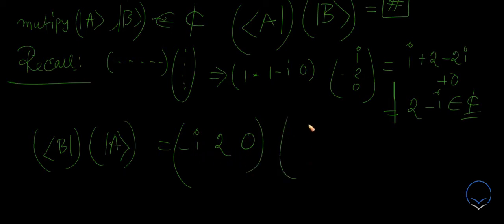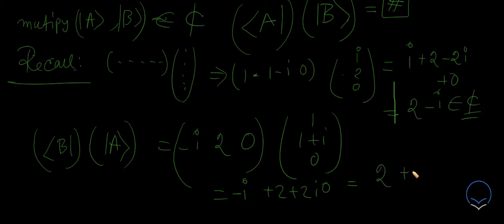The ket for A is 1, 1 plus i, and 0. Again, if you multiply, this is just i, 2 plus 2i, 0. Oops, there is a minus sign over here. Yeah, so this is just 2 plus i, and this is also a complex number.